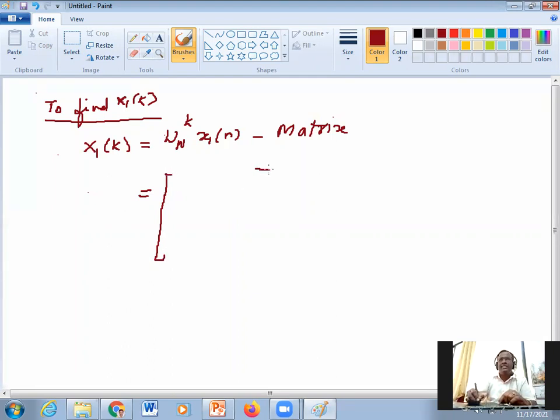How do we write the matrix for 4 point here? First row all ones and first column all ones. Then what do we write here? Can anyone tell me? How will we write the matrix?